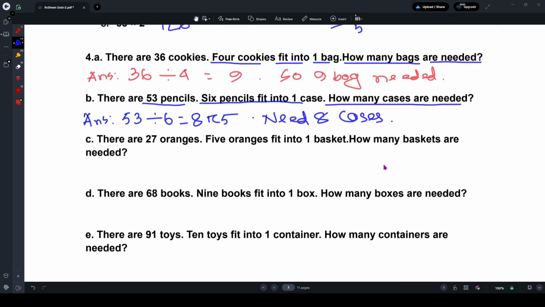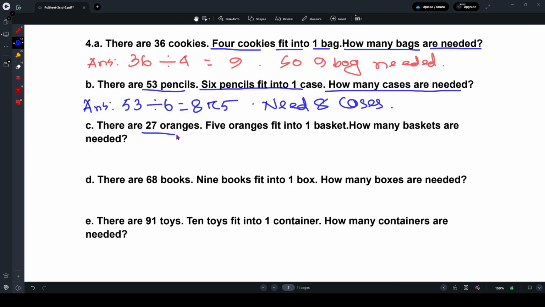There are 27 oranges, 5 oranges fit into one basket. How many baskets are needed? So this one we can write 27 divided by 5. So we should use rough 27 divided by 5.